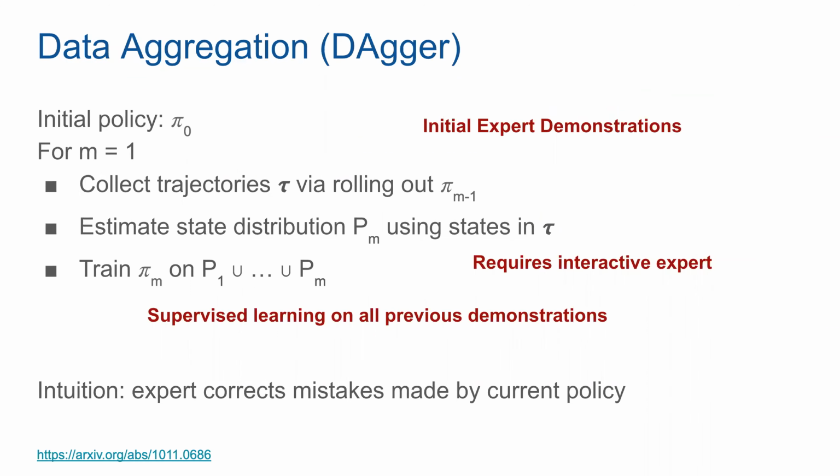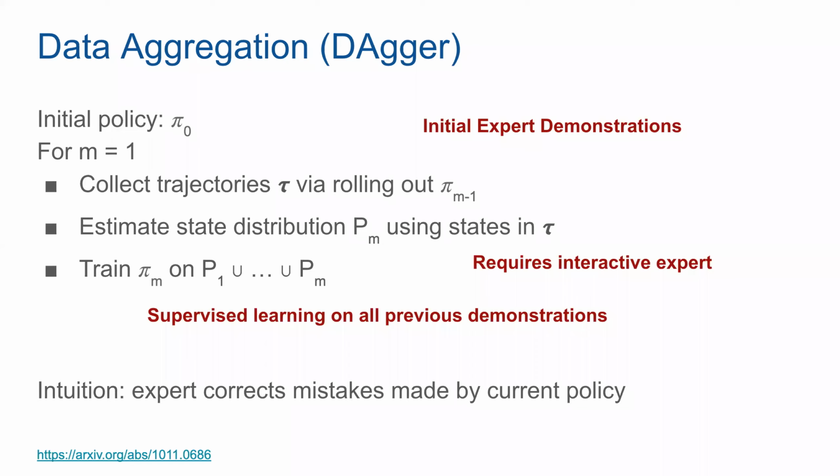And so the algorithm that I'm going to briefly describe is called DAGGER, which stands for dataset aggregation. You can see the links to the paper on the bottom. So in the beginning, we start with the expert, and we collect demonstrations from the expert. And then we have training data from the state distribution of the trajectories collected by the expert, and we train.